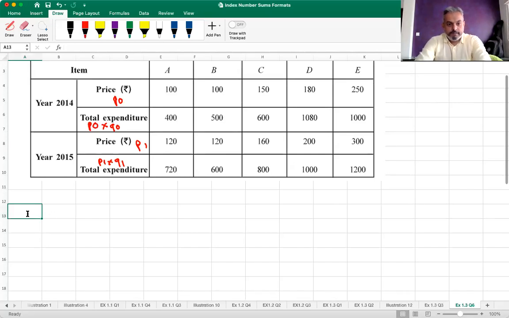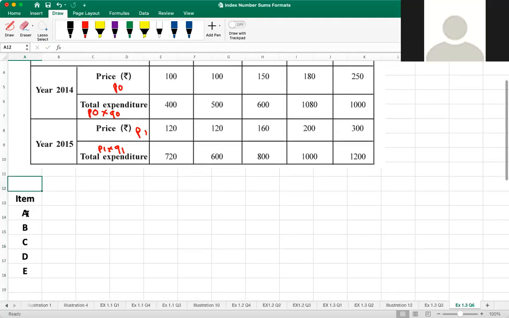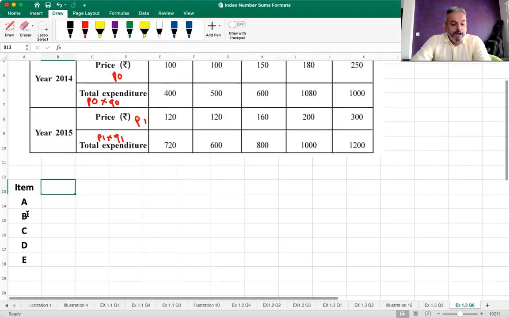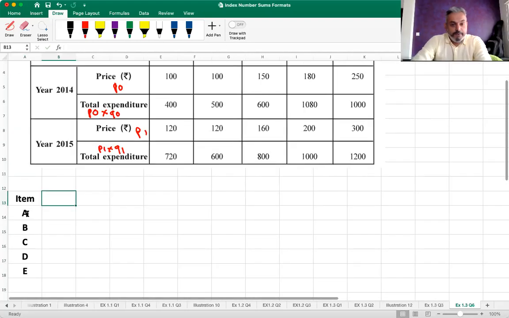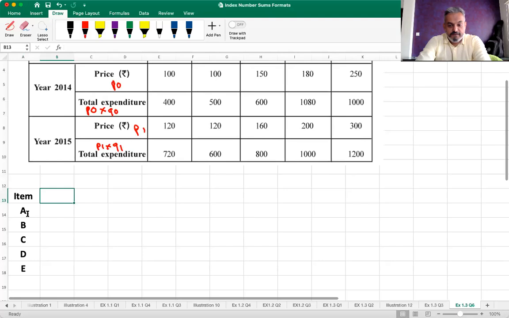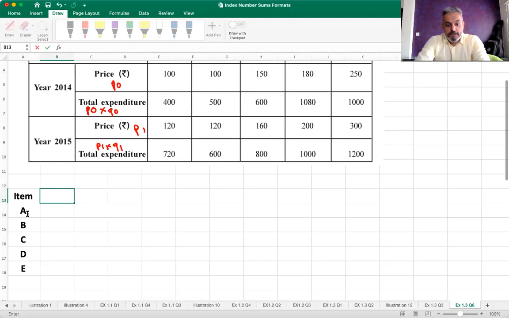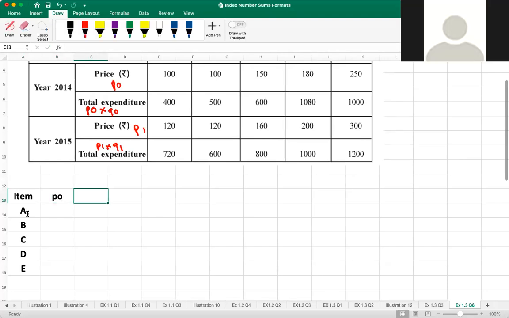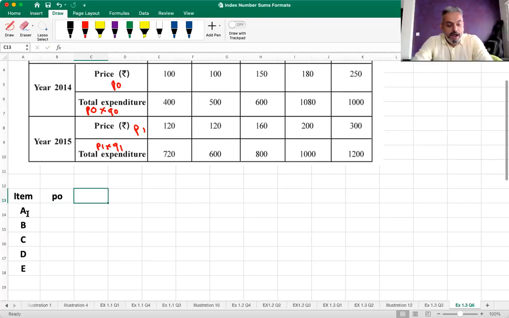So let's make the columns now. Items: A, B, C, D, E. Then price. Now over here, price is given of the base year. So P0 is given. But we want to find out the quantity.